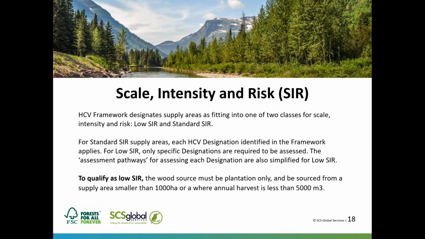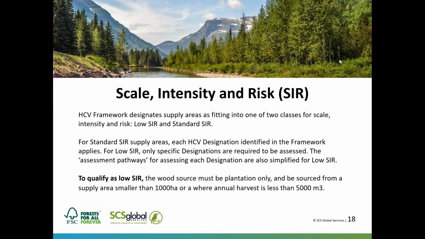The assessment framework also takes scale, intensity, and risk into consideration. As it says here, the high conservation framework designates supply areas as fitting into one of two classes: low SIR and standard scale, intensity, and risk.